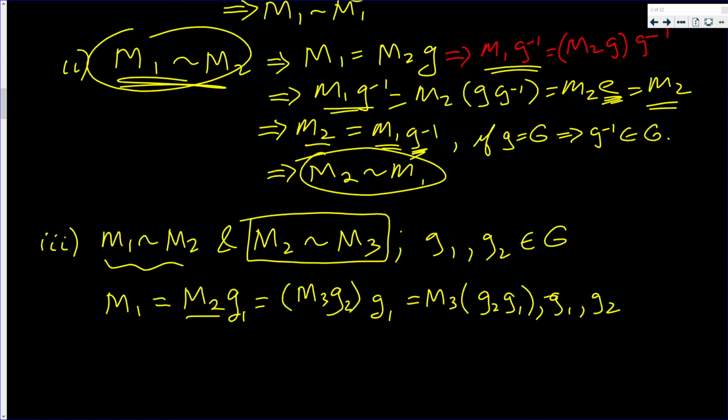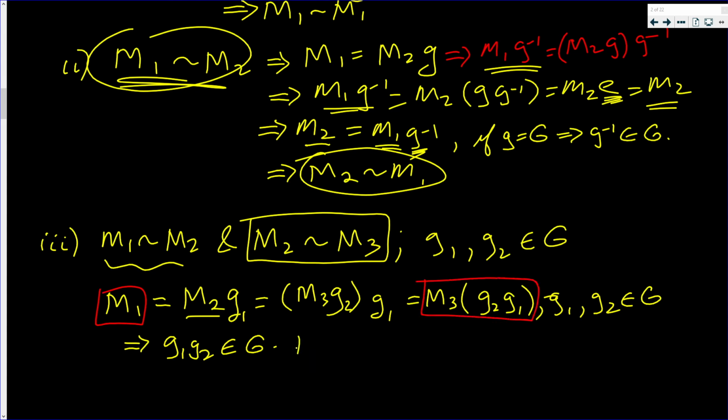G1, G2 in G. That implies that G1 times G2 is in G, because G is a group and is closed. Oh, wait a minute. M1 is equal to M3 times an element of G. Hence, M1 is related to M3.